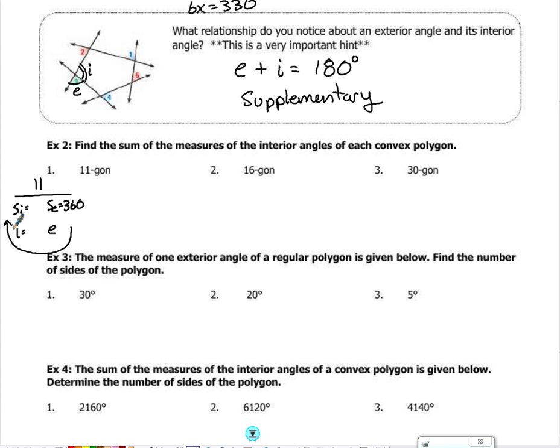If I have 180 degrees, and I multiply that by the number of sides minus 2, that will give me the sum of the interior angles. So when I do 180 times 11 minus 2, what I really look for is 180 times 9, and that will give me a value of 1620.